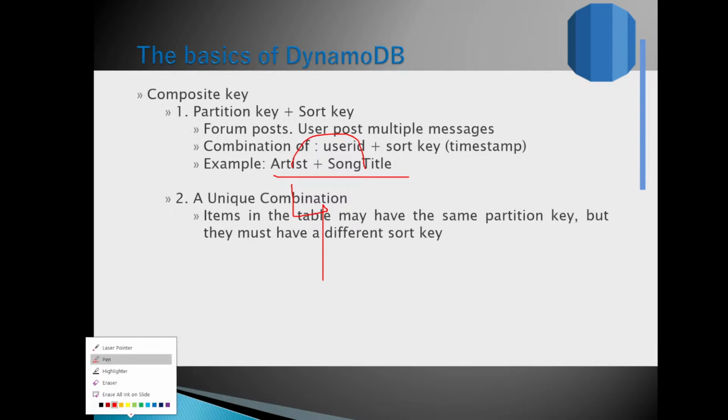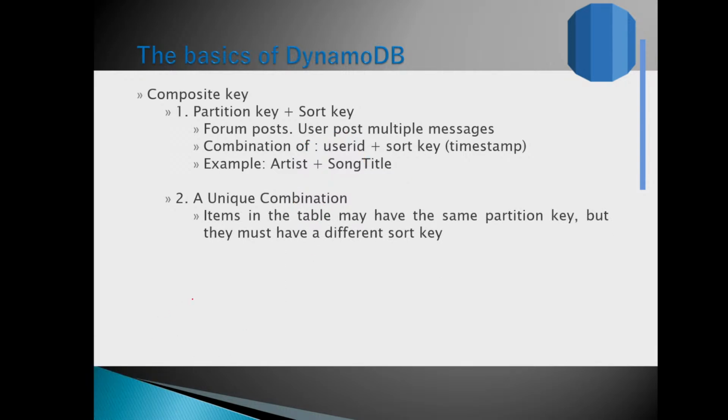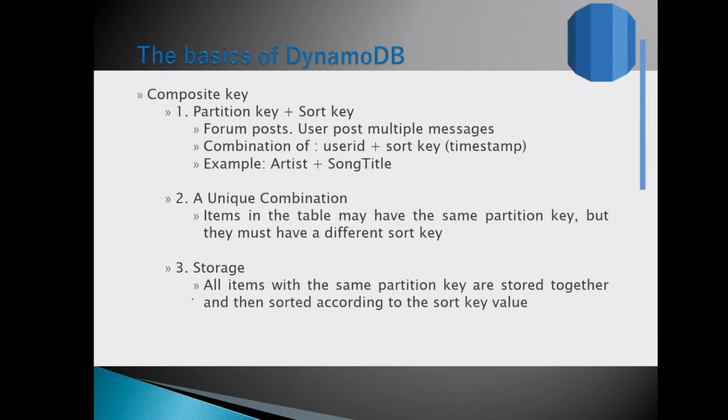Okay. Unique combination. Items in a table may have the same partition key but must have a different sort key. All the items with the same partition key are stored together and then sorted according to the sort key. So this is how the data are stored.